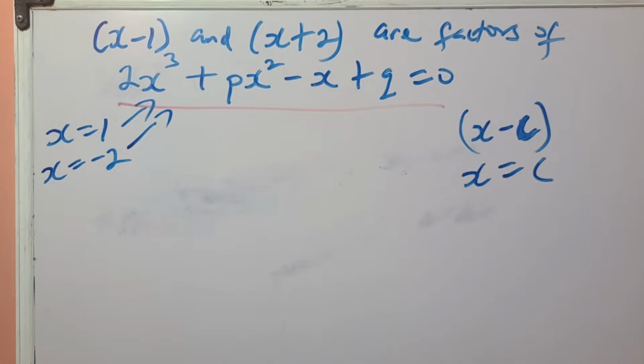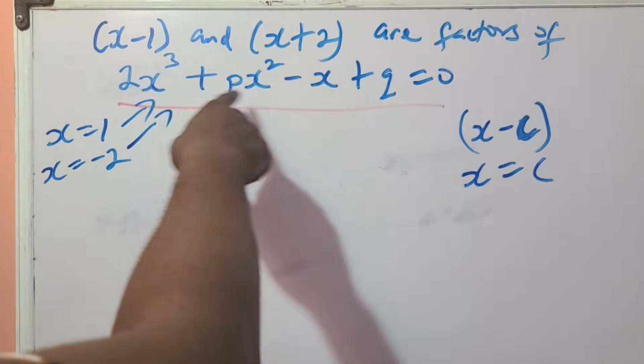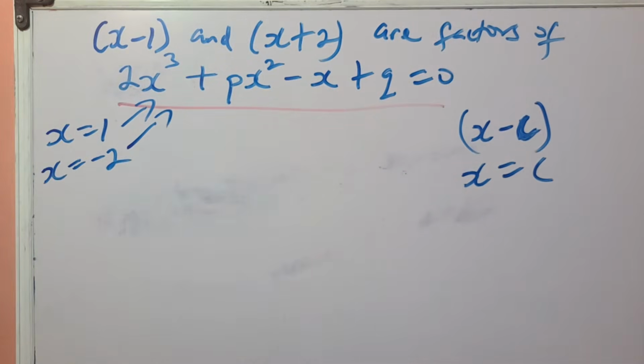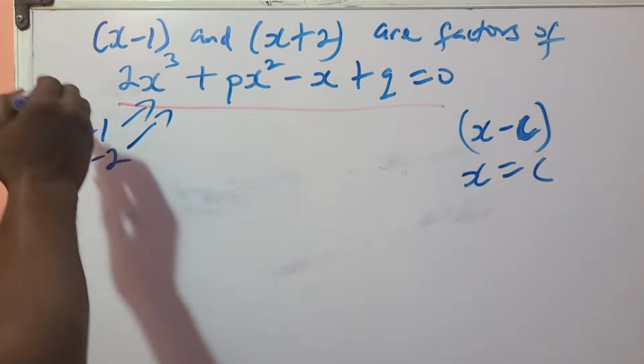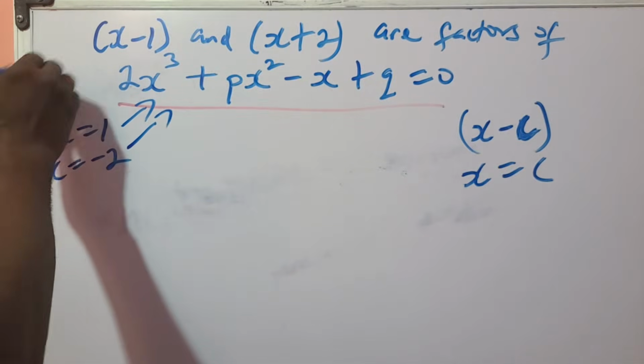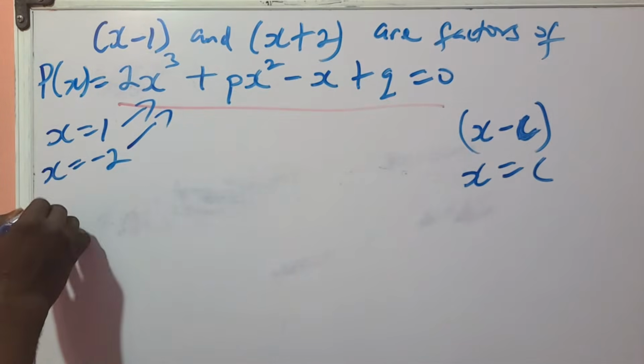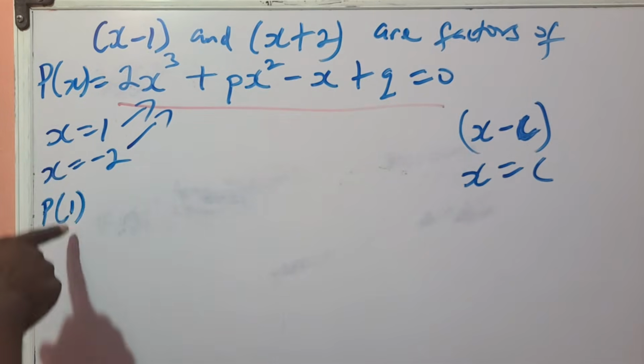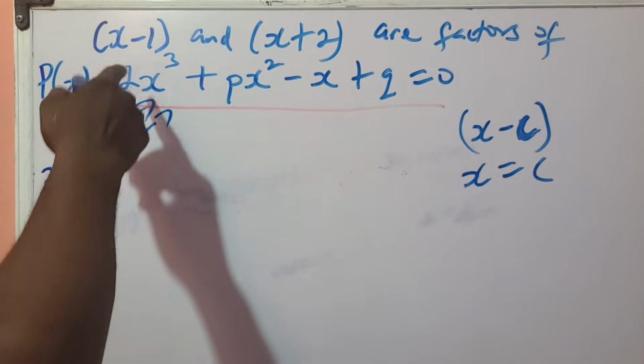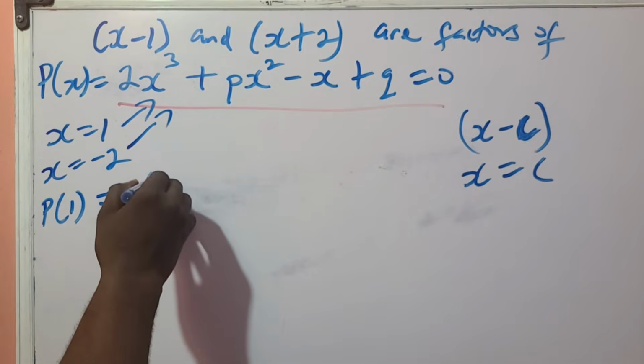So using that theory to evaluate this particular question now, look at what we're going to get. Now that we've been told that x minus 1 is a factor of this, let's call this polynomial px. That means p1, that's when x was equals to 1, will be equals to 2.